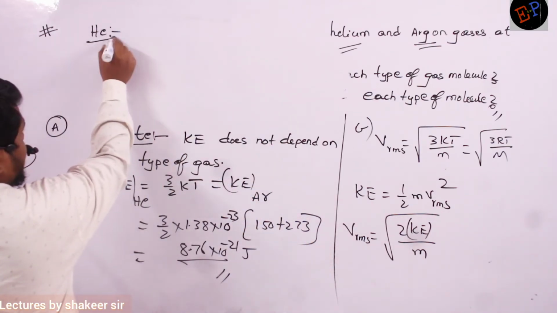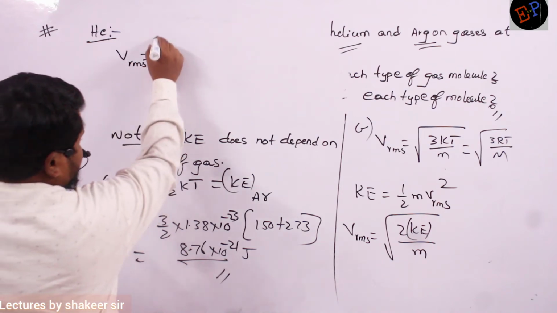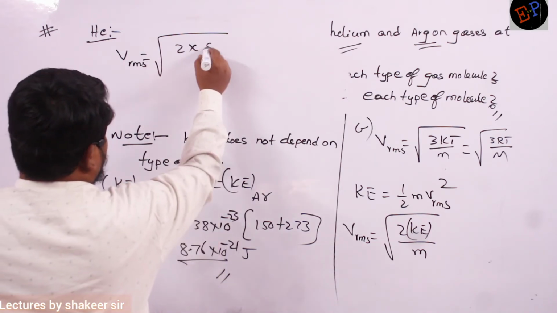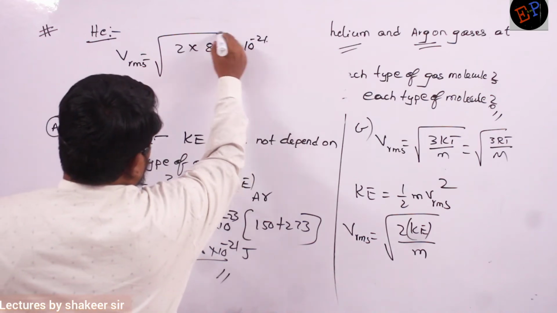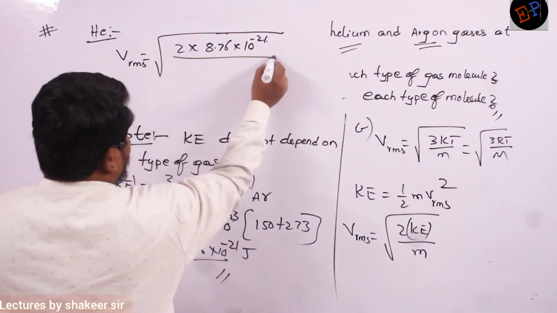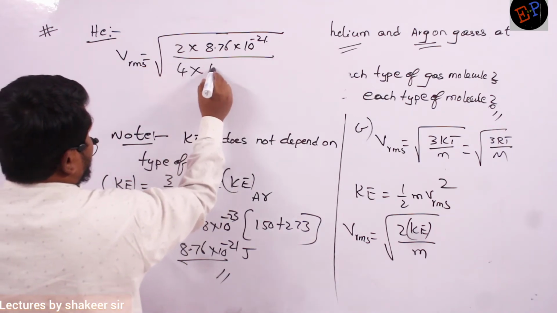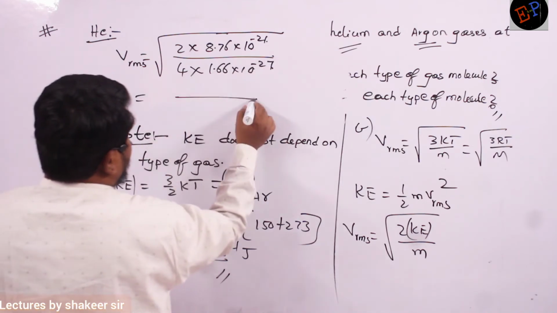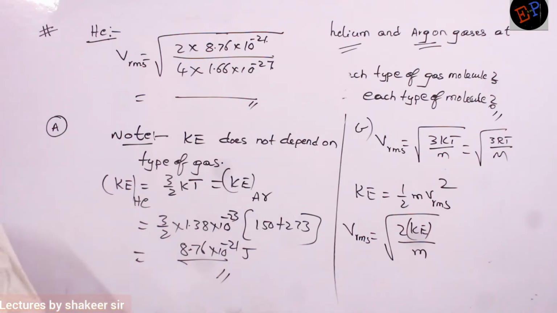For helium, Vrms is equal to square root of 2 into kinetic energy, which is same for every molecule, 8.76 into 10 power minus 21 joules, divided by the mass of a single atom, which is 4 AMU, and 1 AMU is 1.66 into 10 power minus 27 kg. If you do this calculation, you will get RMS speed of helium.